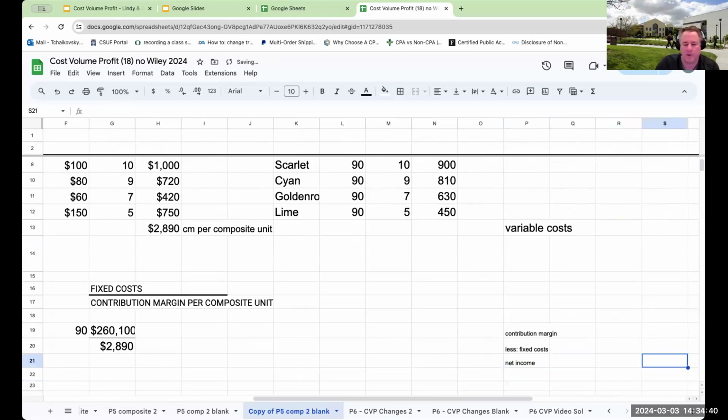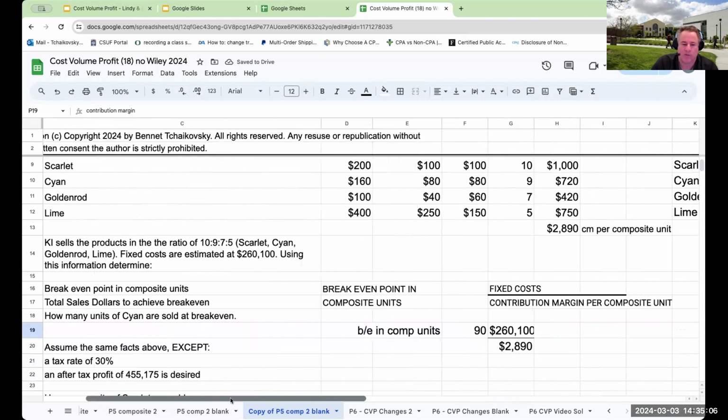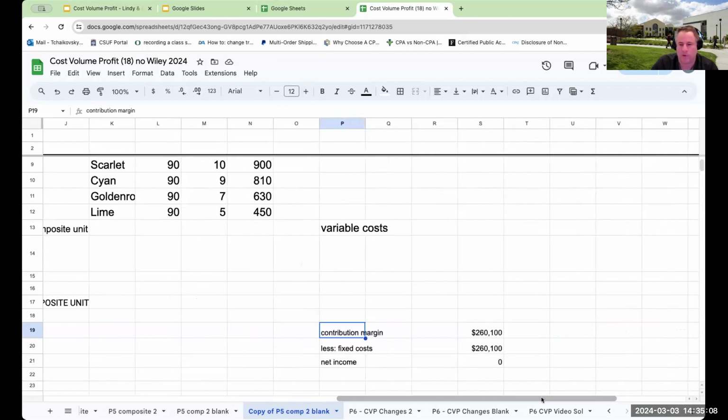And we know that our net income is basically going to be zero. So if our fixed costs were 260,100, it means that my contribution margin must have been 260,100. So this is what we're going through when we ask what's break even when we're dealing with composite units.